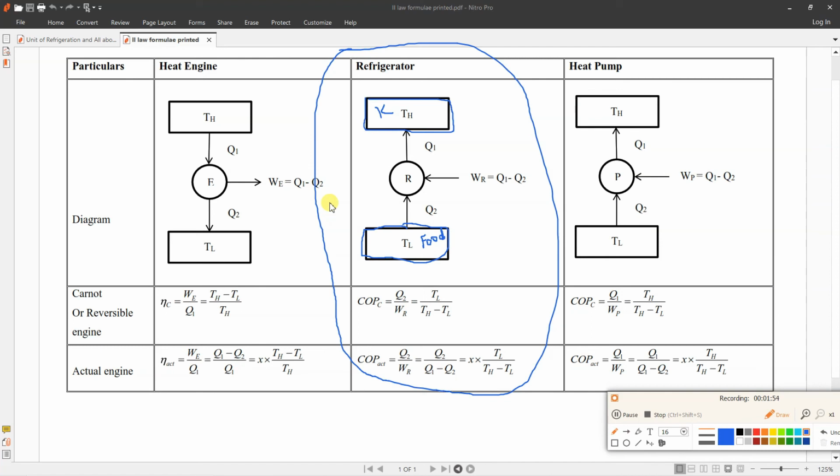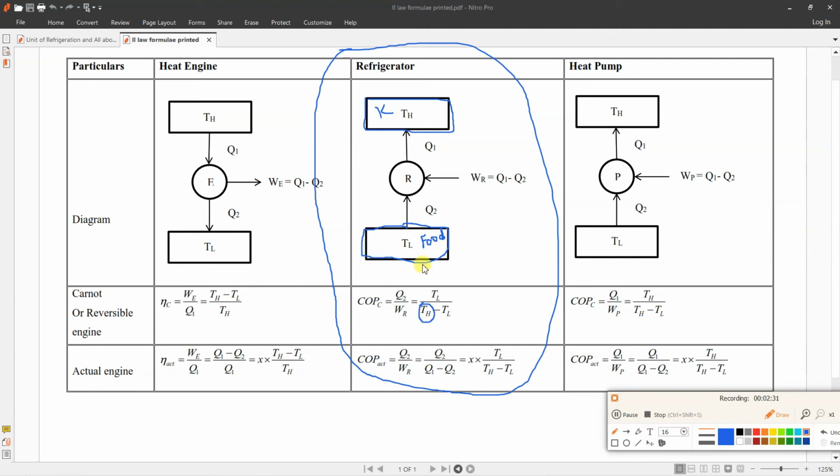Basically, what we require is that this T high value should be low. The surrounding temperature is low in winter season. So if T high is low, from this formula we can conclude that if you are using a refrigerator or air conditioner during winter season, COP will be more.